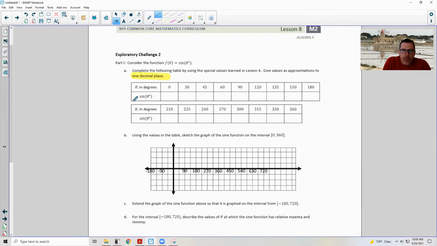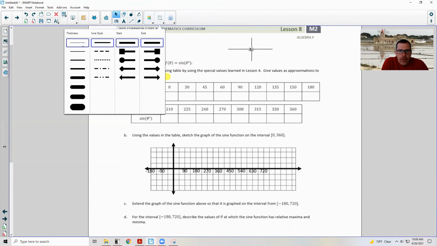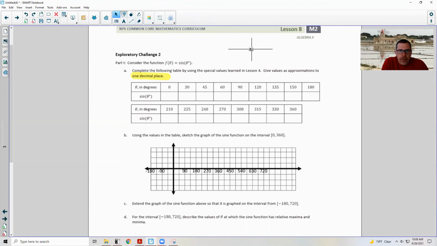So the first thing I'm going to do is draw a unit circle really quick. Here are the axes. So here's a unit circle. Let's make this thinner, and then draw a circle centered at the origin.